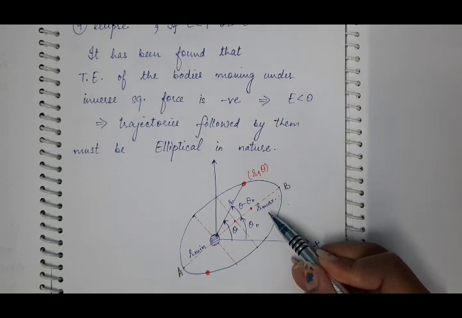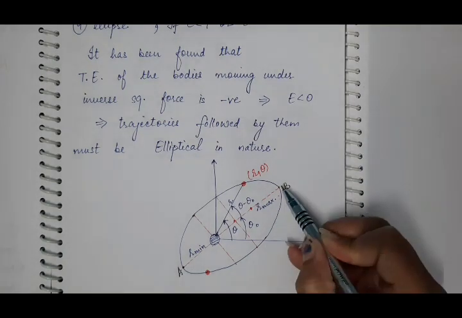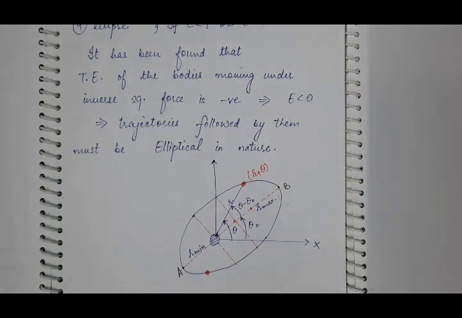So the angular momentum at this point will be equal to the angular momentum of Earth at the other point, because angular momentum of Earth is constant. Why? Because it is moving under the effect of an inverse square force, that is gravitational force.